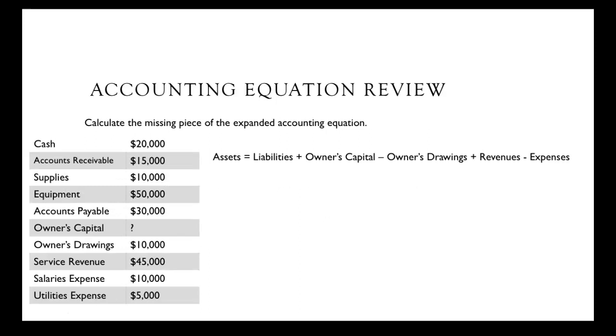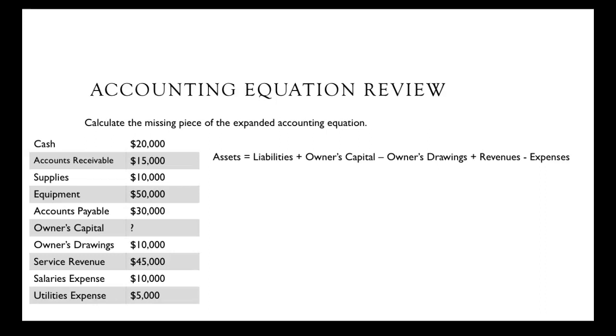So instead of being told our assets are $700,000 and our liabilities are $350,000, we're now told what each individual account balance is. So this is where knowing which accounts fall under which categories is really going to come into play.